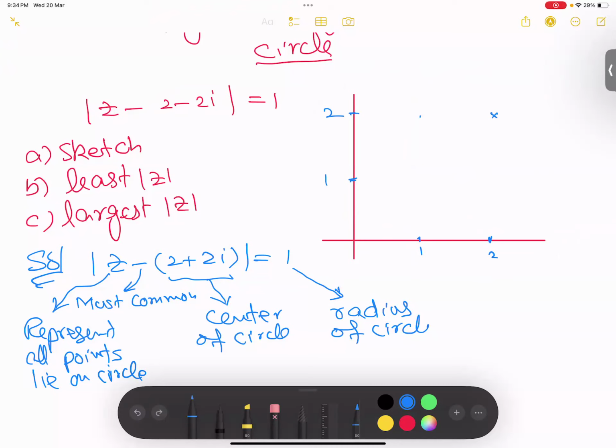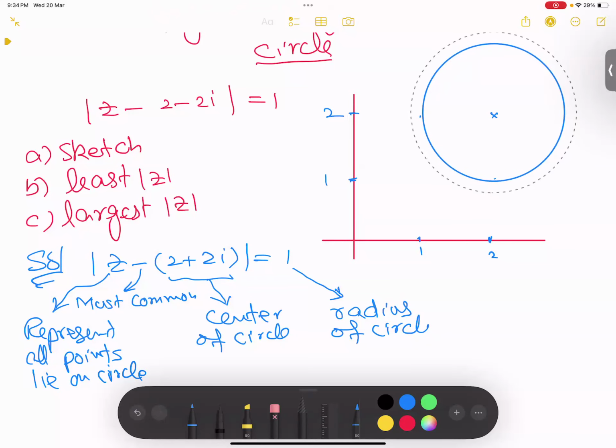So I am going to draw a circle. I make it approximately because it is a sketch, and I drag slightly to the left side. Now you can see, is this a distance of 1? There is a gap of 1.